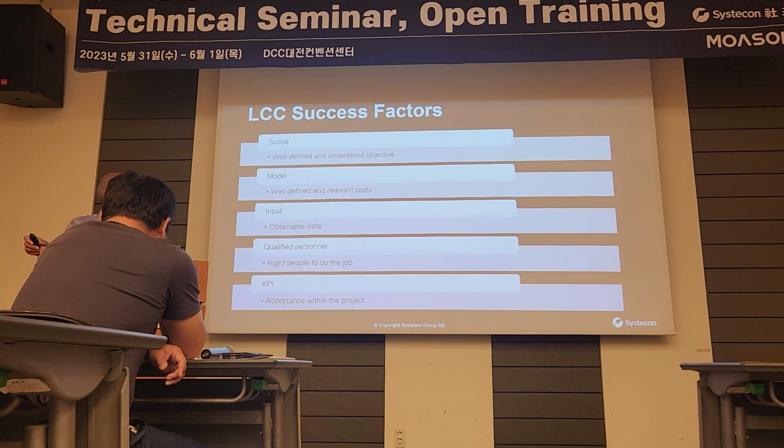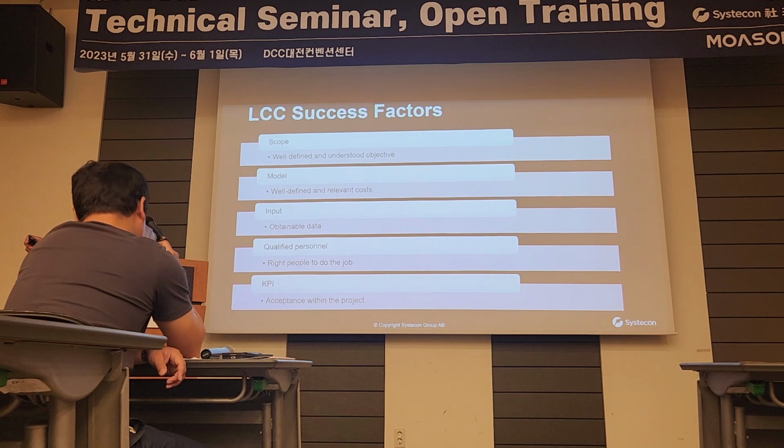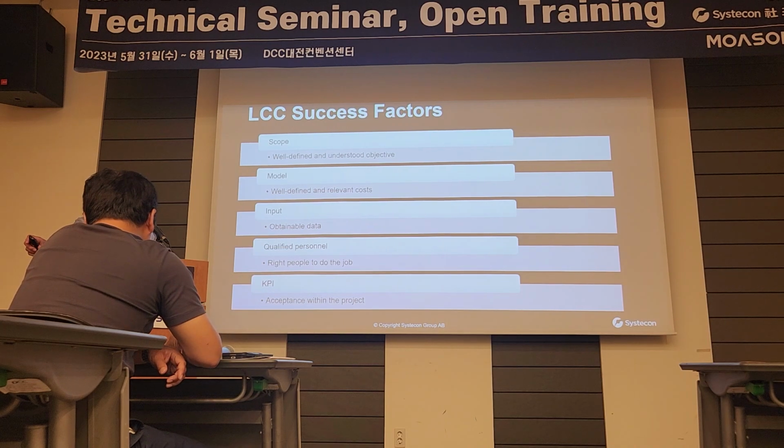You should build a model based upon data that is actually possible to obtain. Otherwise, your model will just be a theoretic model. So if you have good reason to understand that this information is available and you can get hold of it or you can request it, then you can have it in your model.